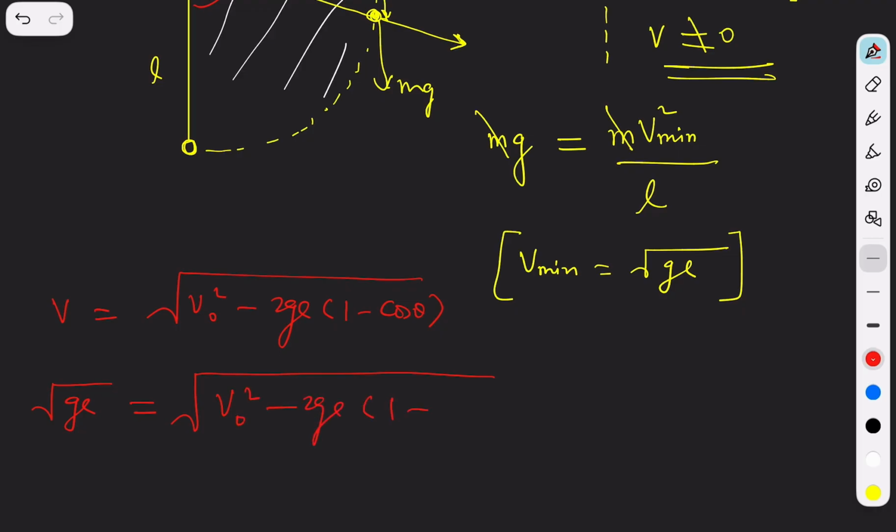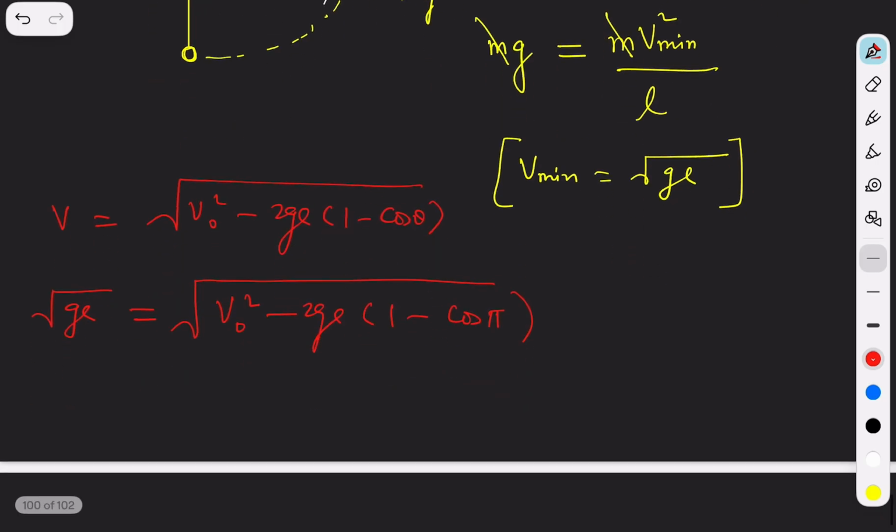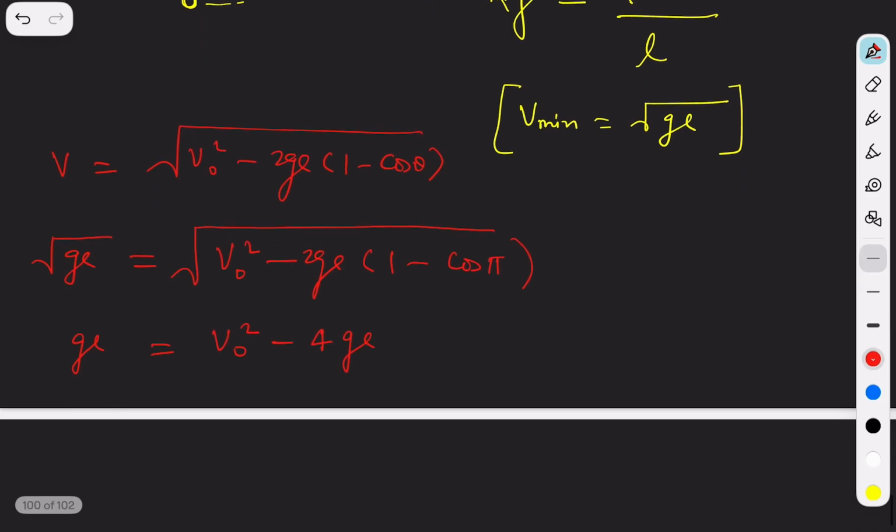So this will be gl, and this will be v naught square. Cos pi is minus 1, so it will be minus minus plus 1, so 2, so minus 4gl. If I go to the other side, it will be 5gl equal to v naught square.